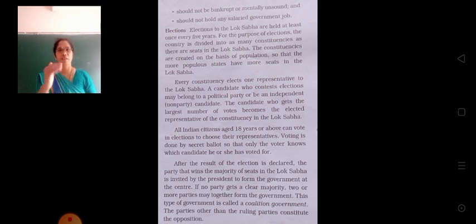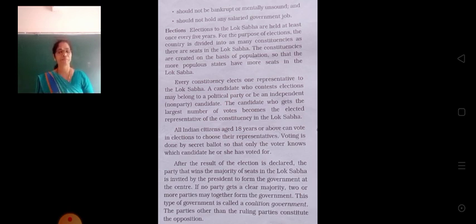Candidates who contest elections may belong to a political party or be an independent candidate.